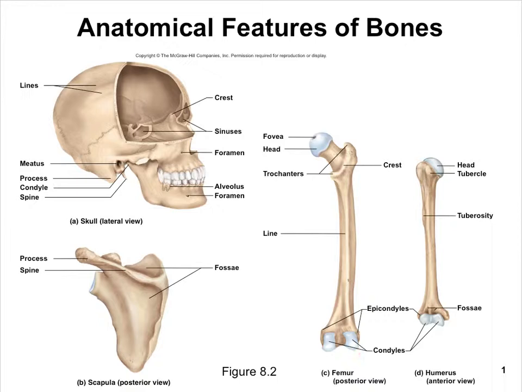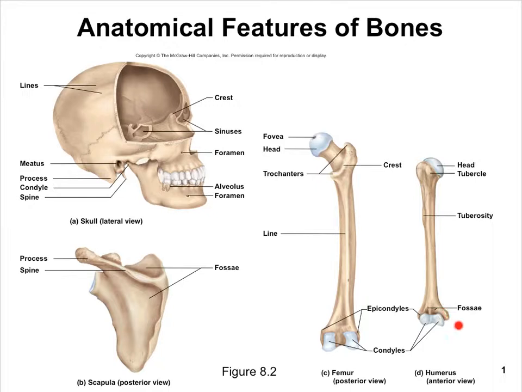These are the condyles of the femur, and here we can see the, oh god, I forgot what it was called. The capitulum and trochlea of the humerus right here. And these are special condyles. Remember, condyles are articular surfaces.